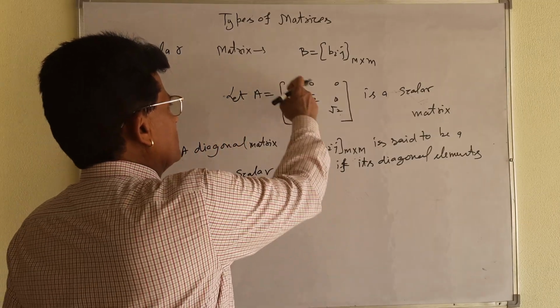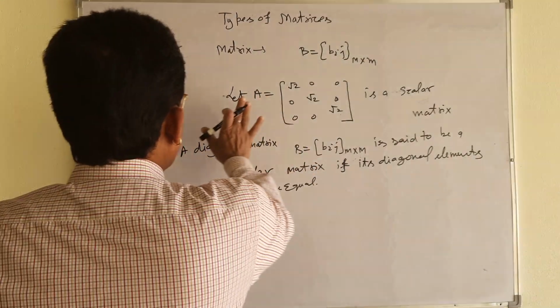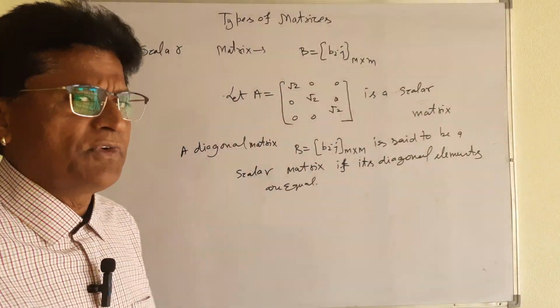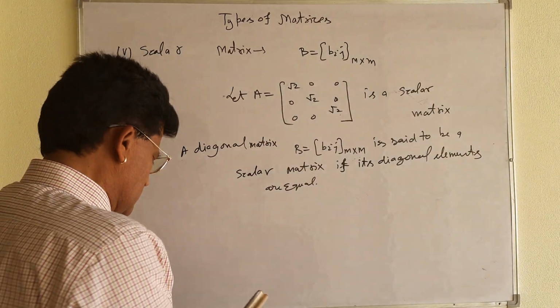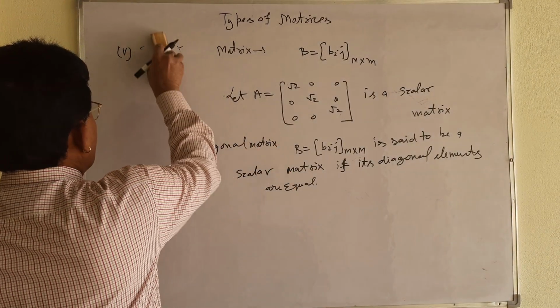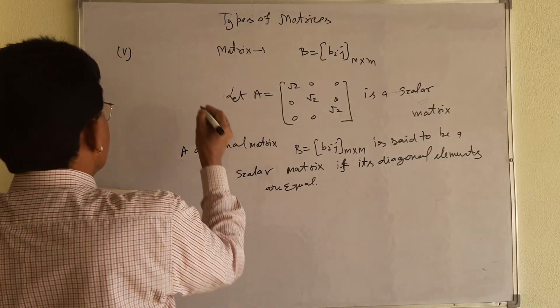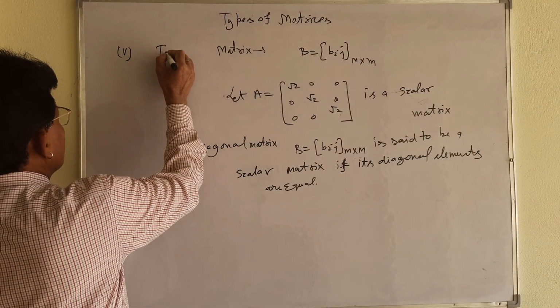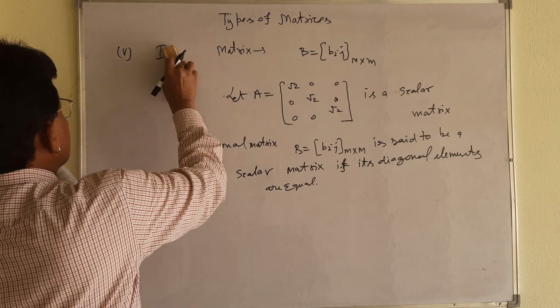You see, the diagonal elements are the same, these are equal. That is why it is known as the scalar matrix. Very important kind of matrix. I think the definition is clear to you. Let me take the identity matrix, which you will use frequently. Identity matrix, you see.